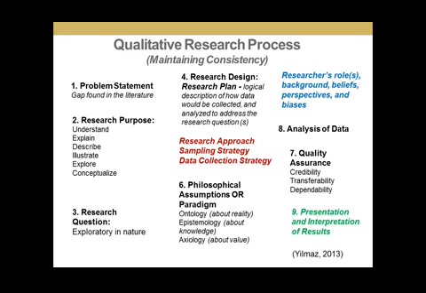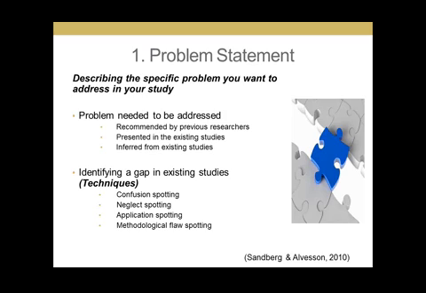What are your perceptions? What are your biases? How are you going to analyze the data? How are you going to make sure that the information that you are presenting is credible? Because it's subjective information, you have to try to convince your audience that these findings best reflect the information you collected from participants, and also the presentation of your findings.